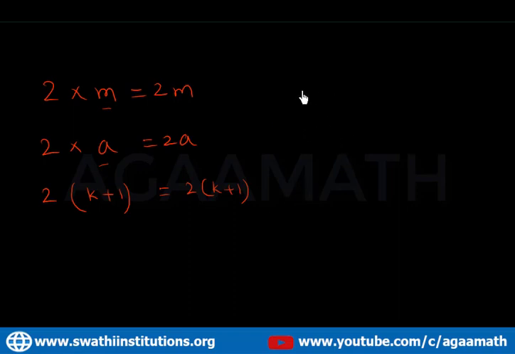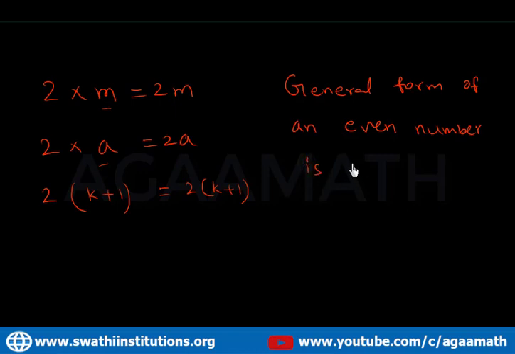That's how we write an even number, the general form of an even number. The general form of an even number is 2n, which I represent.